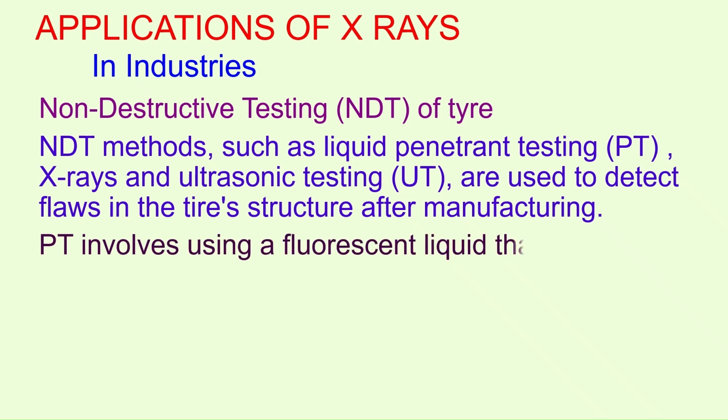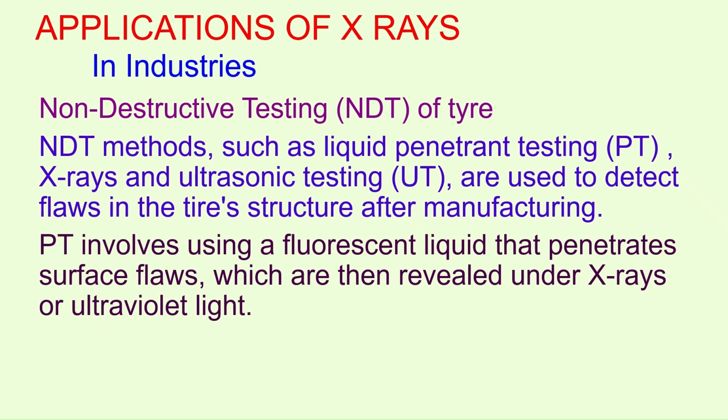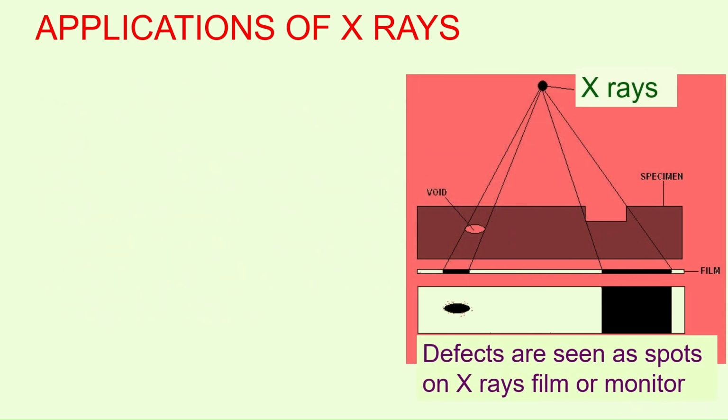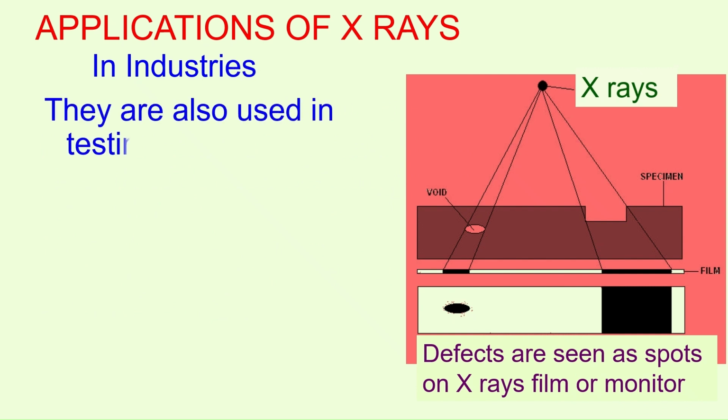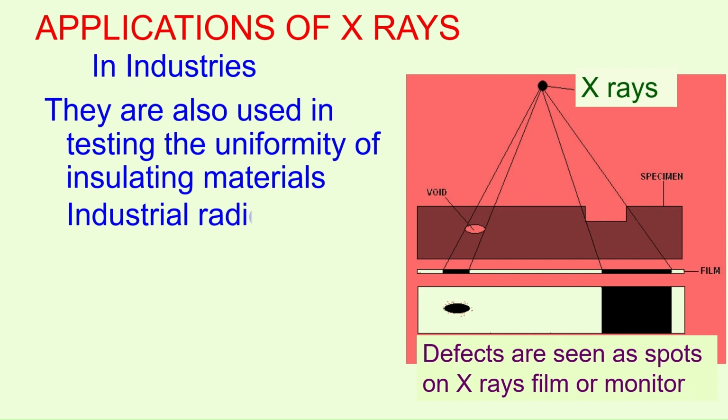PT involves using a fluorescent liquid that penetrates surface flaws, which are then revealed under X-rays or ultraviolet light. Non-destructive testing is also used in testing the uniformity of insulating materials.